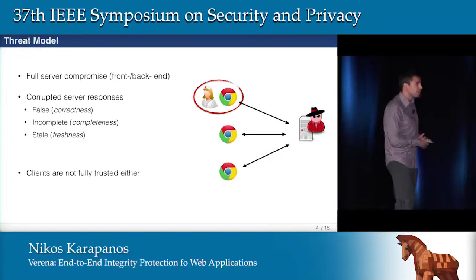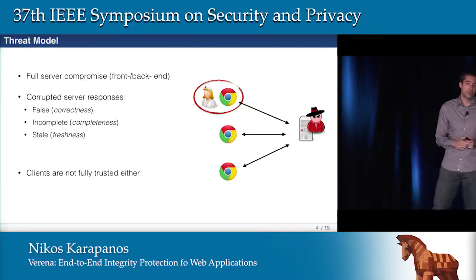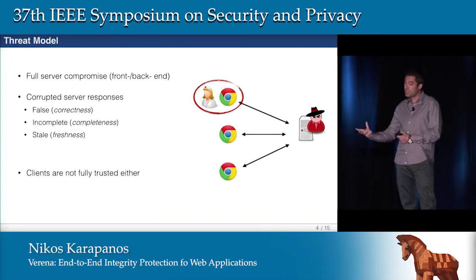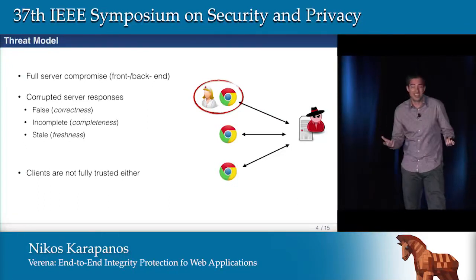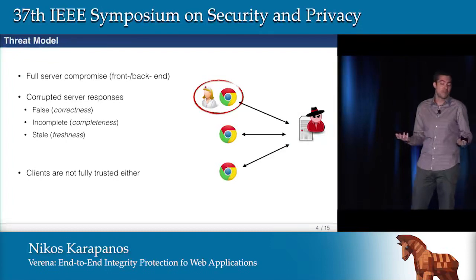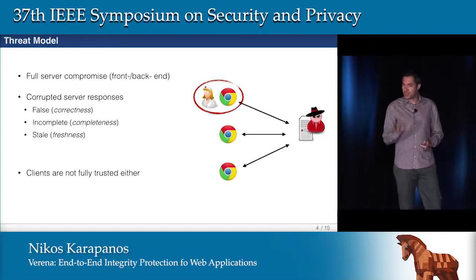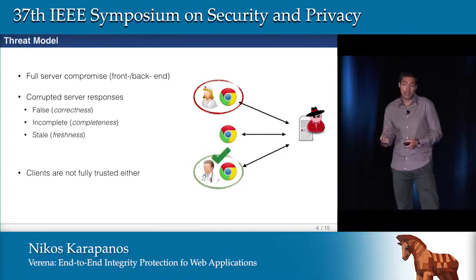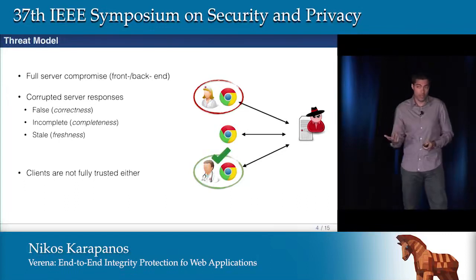And also, it's important to know that we don't quite trust the users of the application themselves, because you can imagine a malicious nurse that tries to manipulate some data that she's not authorized to. And since we assume that the server is malicious, he might very well let her do so. So we need to make sure that this does not happen, and that when a benign client user of the application accesses this data, he sees the correct information.